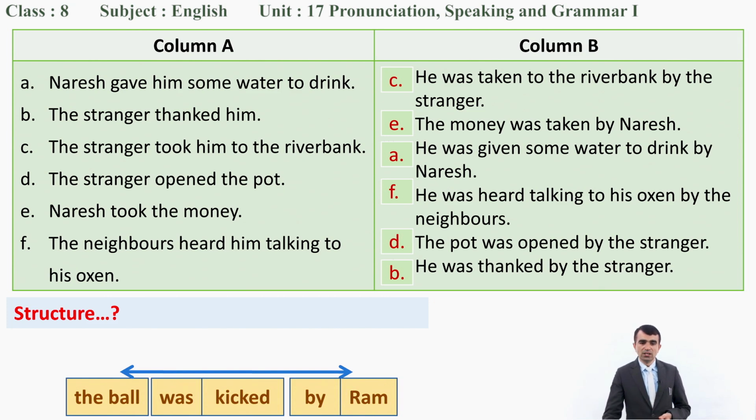When you change the object into the subject, these additional things are necessary. Was, were, is, am, be, these verbs are called be verbs. Kicked here is simple past, verb 2, but this should be changed into the past participle. So here, Naresh gave him some water to drink.